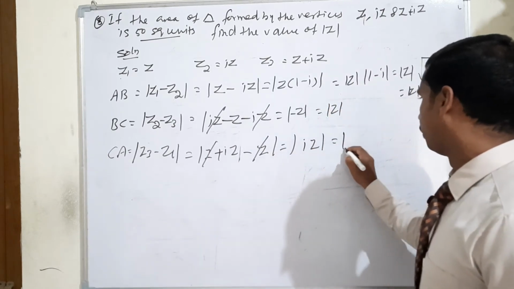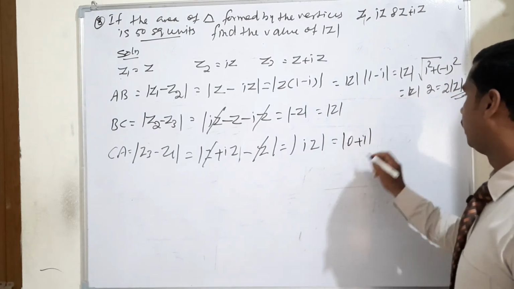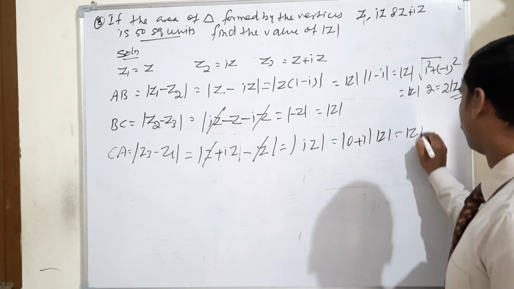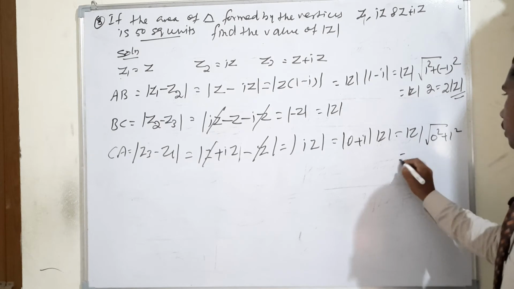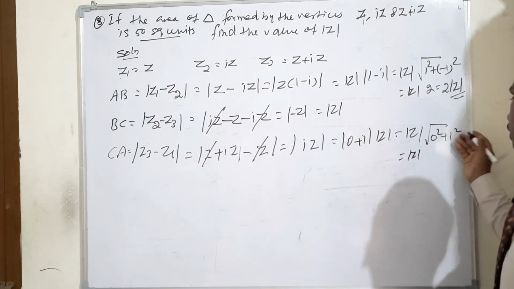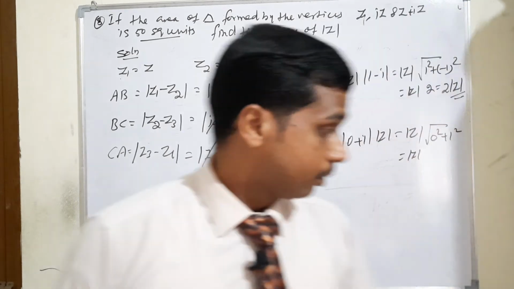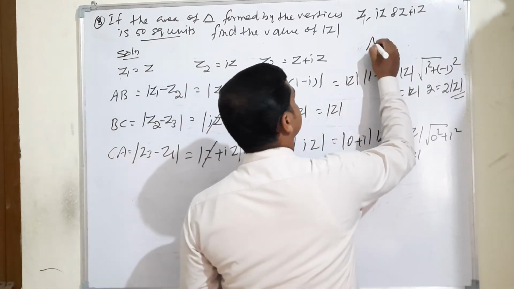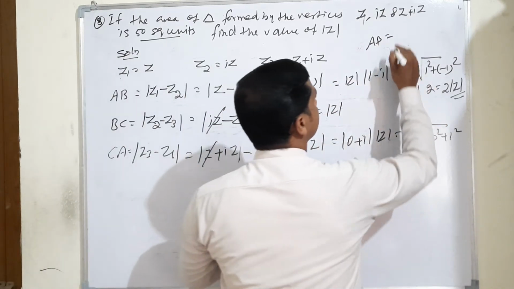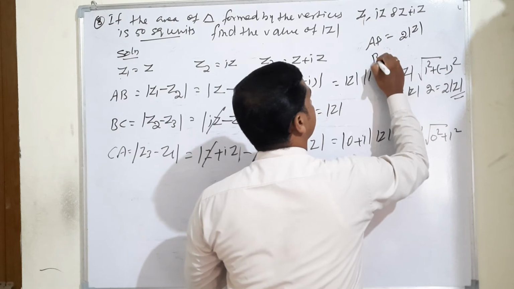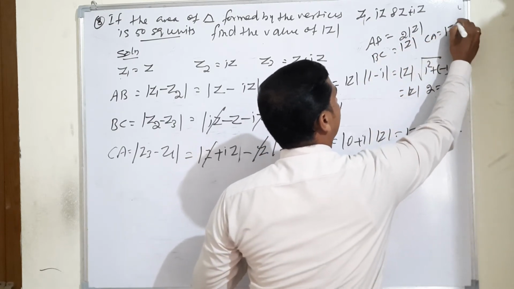If you separate the terms, only the imaginary part remains: we can write 0 plus i, then mod Z. Taking the square root, 0 square plus 1 square is 1, so only mod Z will come. Therefore, CA is also modulus Z. So what we found: AB is equal to root 2 mod Z, then BC is equal to mod Z, then CA also mod Z.